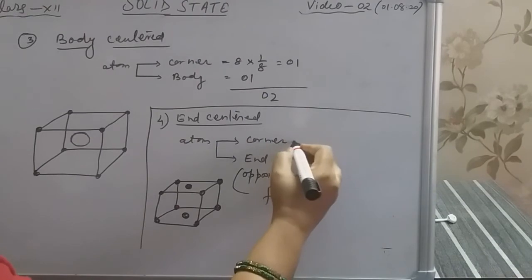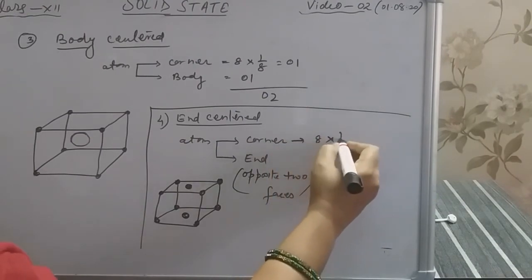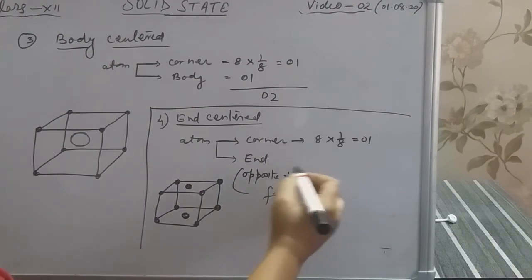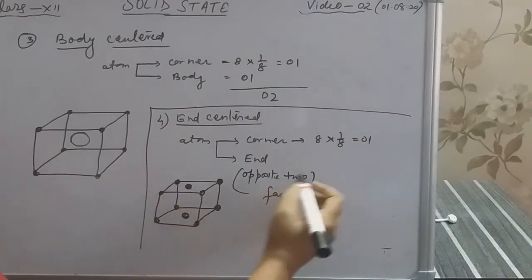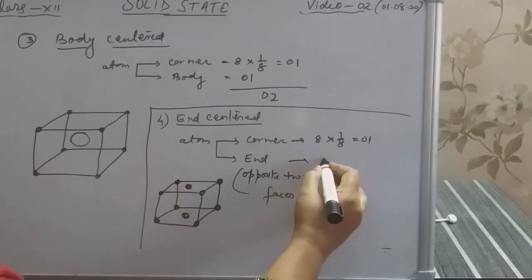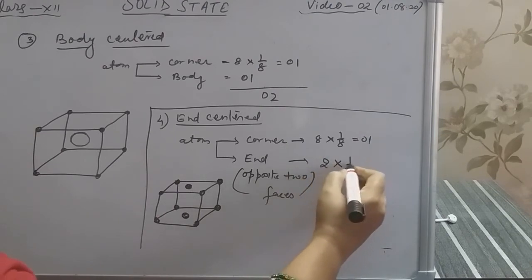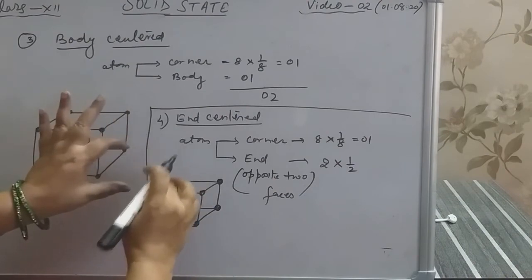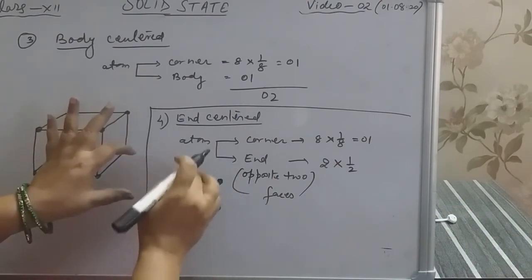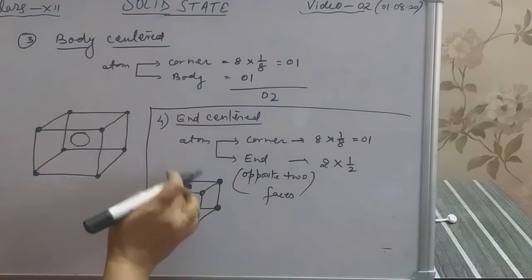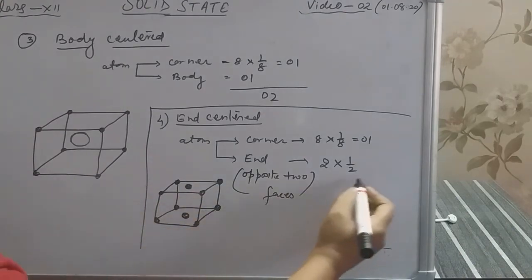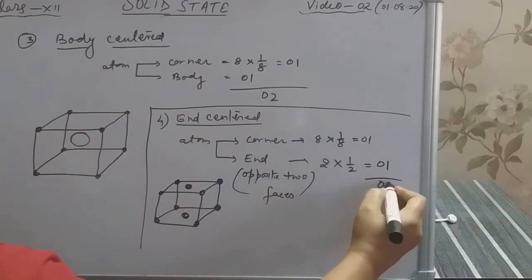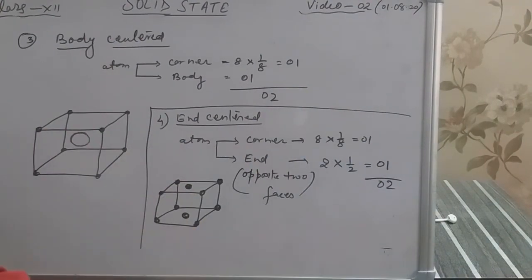So 8 corners with 1 by 8 contribution, the total number of atoms is 1, and for the opposite two faces, the contribution of each face is half. If we draw a unit cell here, half the contribution takes place with this and half with this. So the total number of atoms present in the end center is found to be 2.